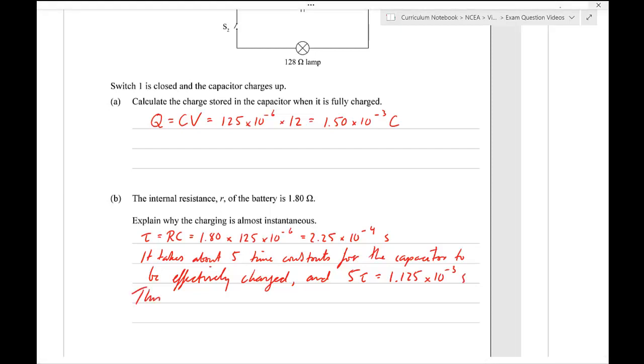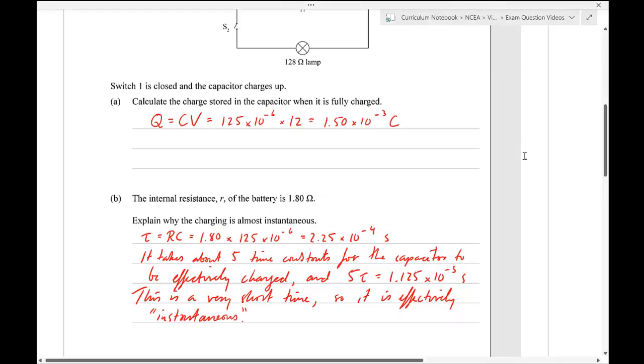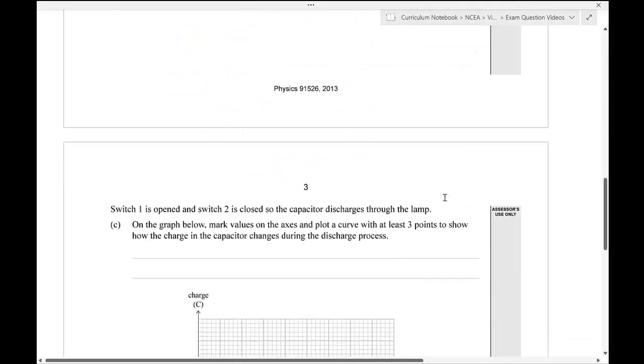And we'll say this is a very short time. It is effectively instantaneous. Okay, cool. Let's look at the next one.